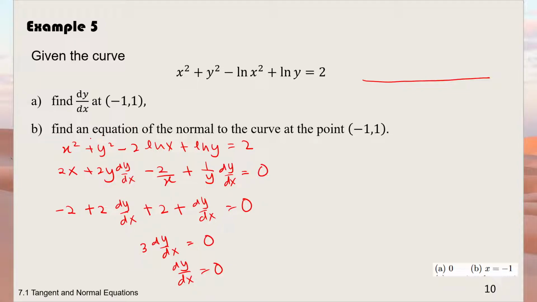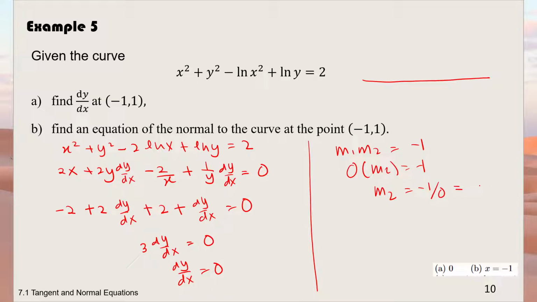After that, it asks to find an equation of the normal to the curve at the point negative 1, 1. Maybe some of you are already thinking m1 m2 equals negative 1. But our m1 is 0, multiplied by m2 equals negative 1. Please don't say that m2 equals negative 1 over 0.